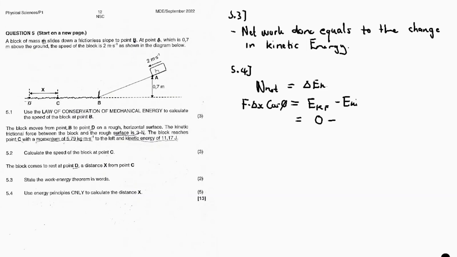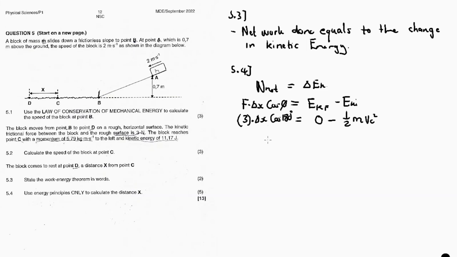Sifuna ukucalculator the distance from C to D. So we use the speed as is at C. So it's going to be half mv c squared, and then lana it's cos 180 degrees. Cos 180 degrees. Why? Because the friction is in the opposite direction.